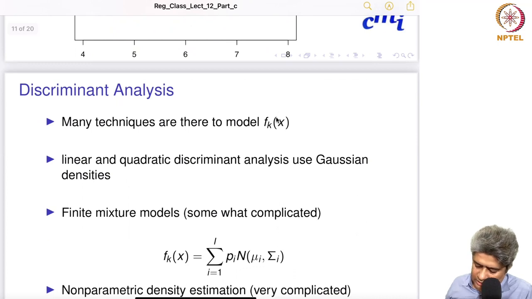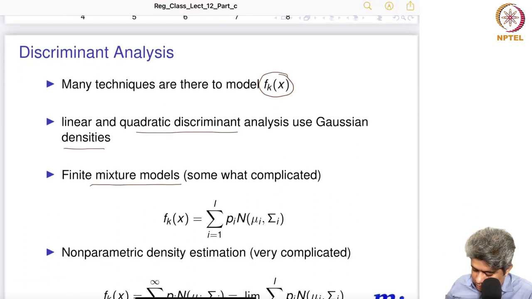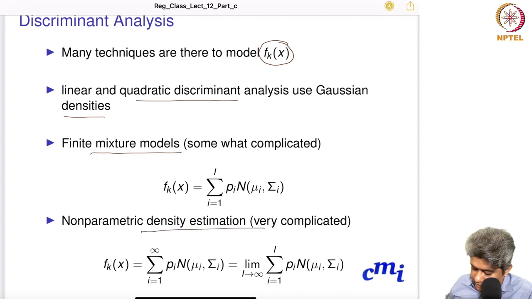There are many techniques to model f_k(x). Now the question is, how do I model f_k(x)? Linear and quadratic discriminant analysis use Gaussian density. One can use finite mixture models, or non-parametric density estimation models.